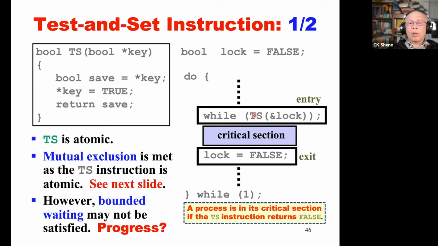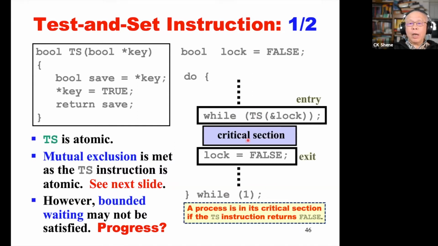Of course, this TS will put true to lock, replacing the old value false. And the TS returns the old value false. Then for me, because the condition in this while is false, so I enter.